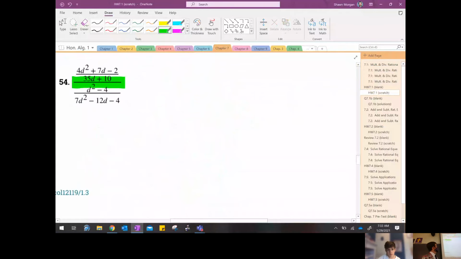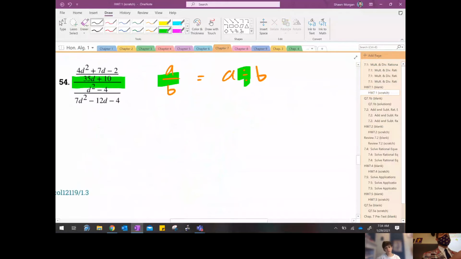That big fraction line that I just highlighted is a division sign. That's like saying A over B is the same thing as A divided by B. That's all that is, a division bar, a division operator.